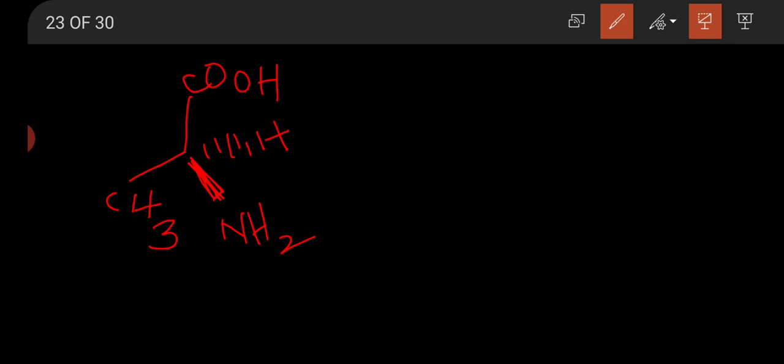We have to see the molecule such that the horizontal bonds, that is dash and wedge bonds, are towards the observer. Okay, the observer is watching from this angle.